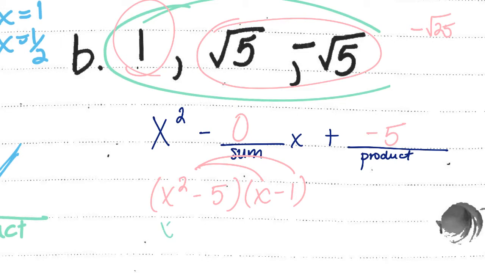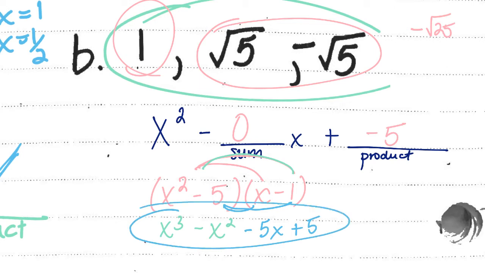First terms, x cubed. X squared times -1 is -x squared. And -5 times x is -5x. And -5 times -1 is +5. So the answer to these three right here is x cubed minus x squared minus 5x plus 5.